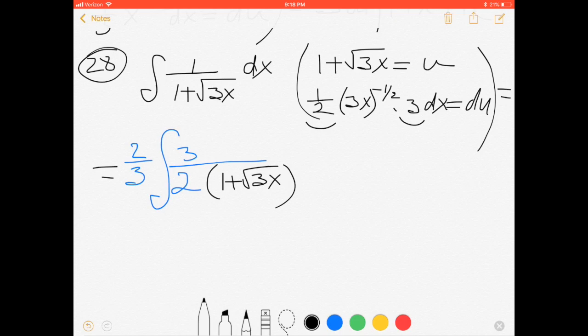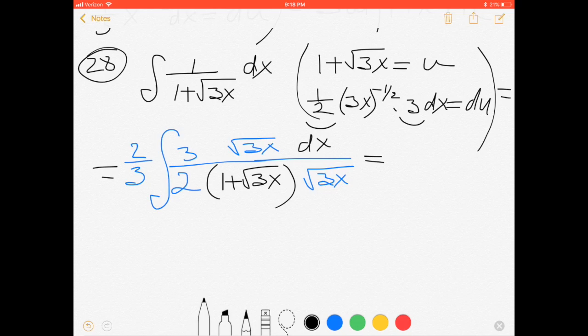But I need square root of 3x in the denominator, so I write square root of 3x here and square root of 3x there, because I cannot just write what I want. Okay, and dx. You see what we multiplied and divided, and how it changes our integral. Now we go to the new variable.